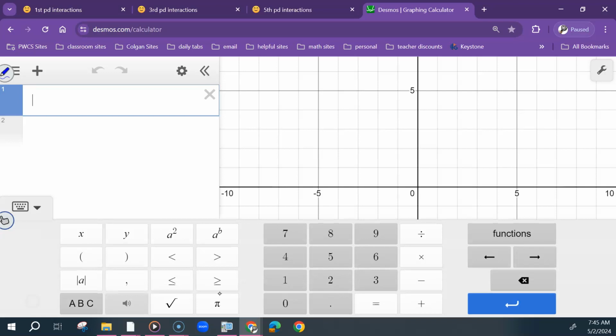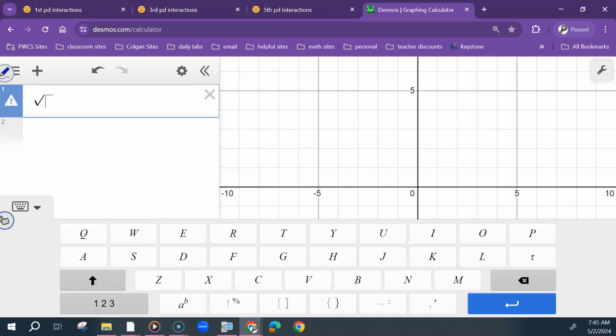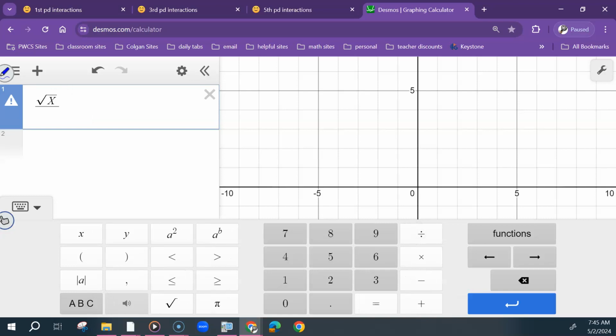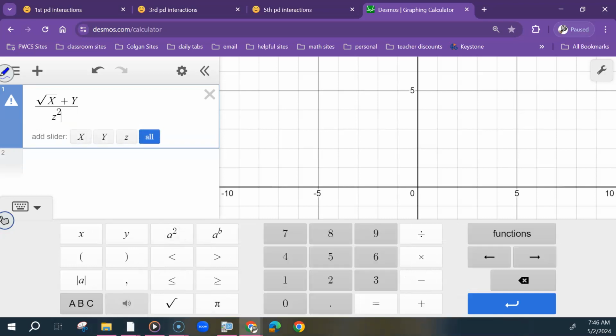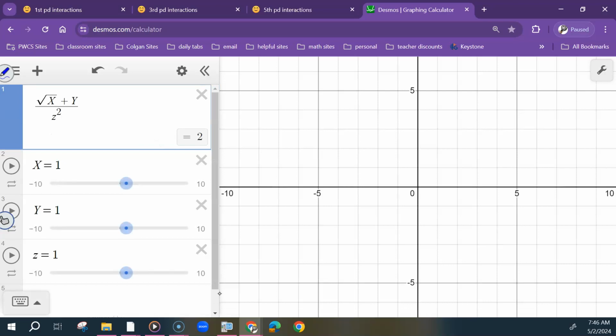So if I type it in with the variables, I have to use capital X, capital Y. And then if I add in all my sliders, then I can change all of these to be the numbers they say.